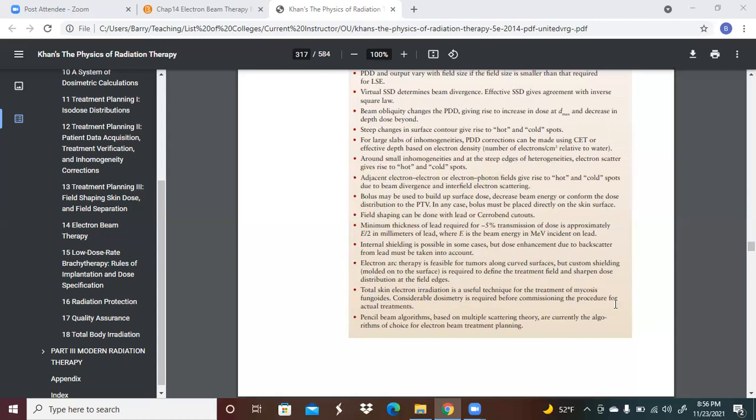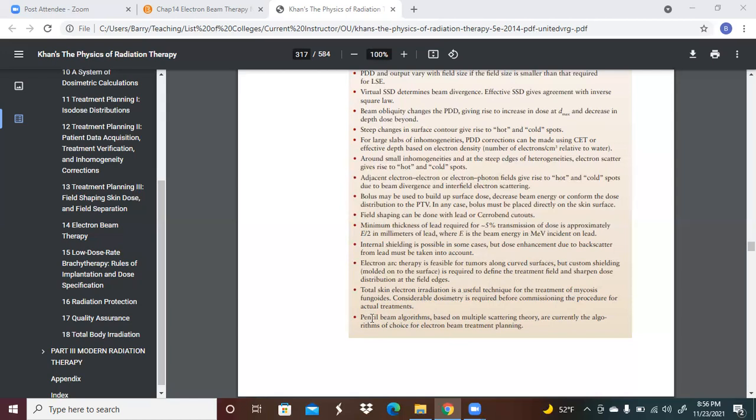Mycosis fungoides is treated differently now than it used to be, but nothing says you can't use electron irradiation to treat it. So total skin electron, or TSE, irradiation is a useful technique for the treatment of mycosis fungoides. Considerable dosimetry is required before commissioning the procedure for actual treatments. There's a lot that goes into that.